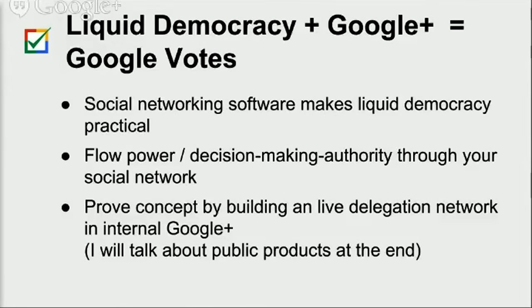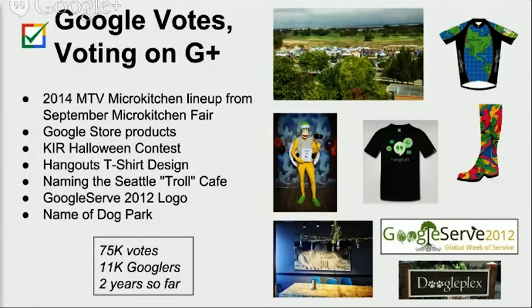Just a bit about Google Votes. We've been running it for two years. 11,000 Googlers have cast about 75,000 votes. For example, the Kirkland Halloween costume contest, the Hangouts t-shirt, and the name of the Troll Cafe in Seattle were chosen with Google Votes. Also some products with the Google Store, and we named a few buildings.